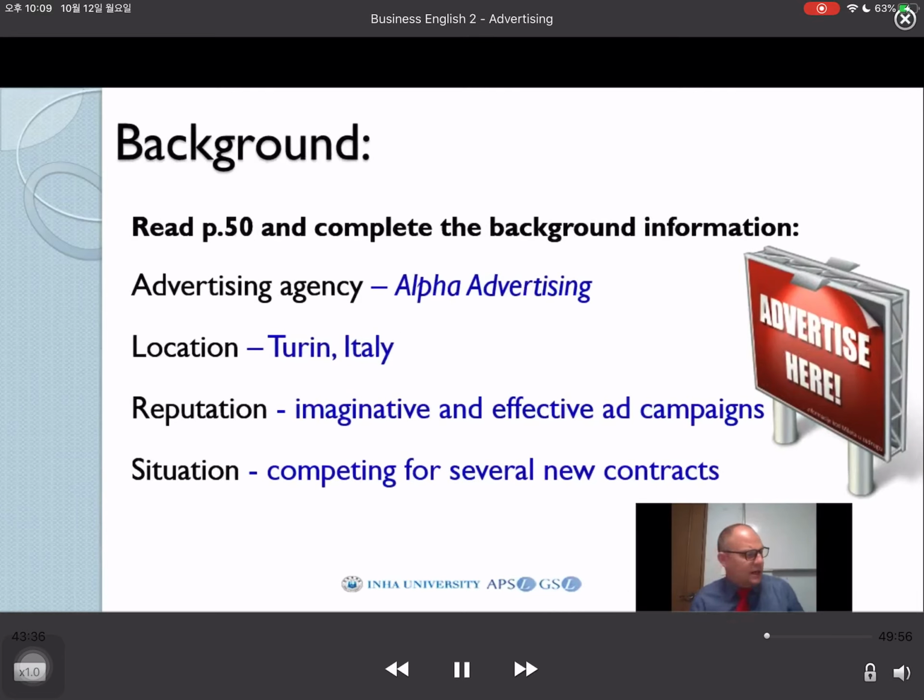You can read it on page 50. The advertising agency's name is Alpha Advertising, located in Turin, Italy. It's got a reputation for imaginative and effective ad campaigns. Situation, it's competing for several new advertising contracts.